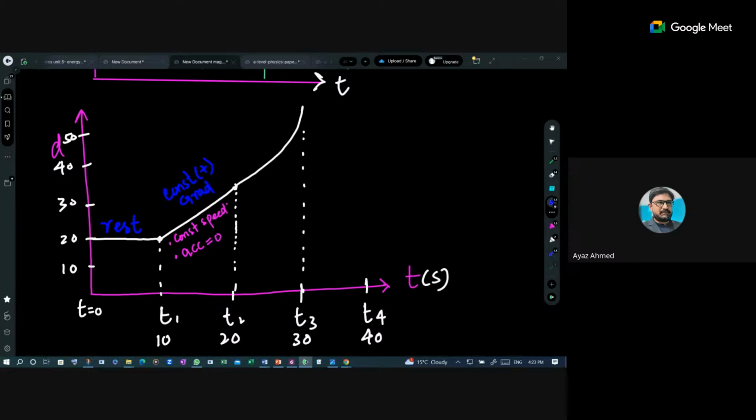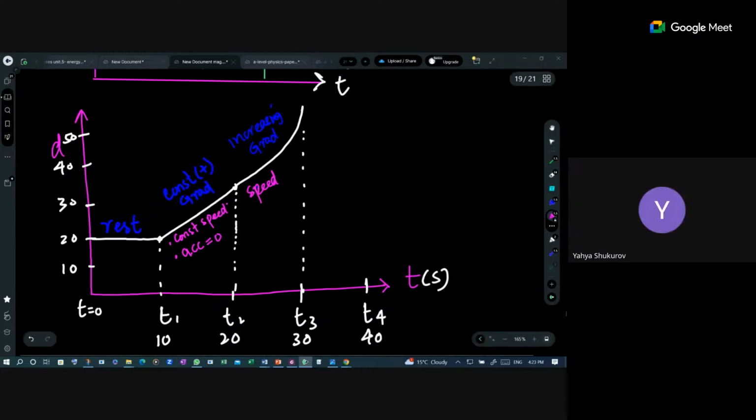So when the gradient is increasing, can I say that it has an increase in speed? Yes, its gradient increases. So when I have an increasing gradient, it means speed increases, which means there's acceleration. So when there is an increase in speed, it has acceleration. So this is the acceleration graph. Am I right?